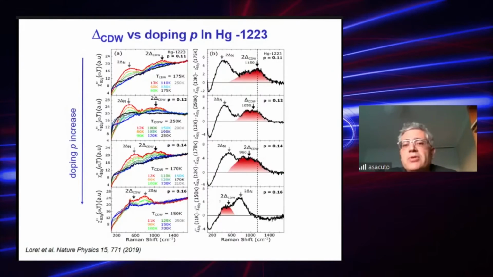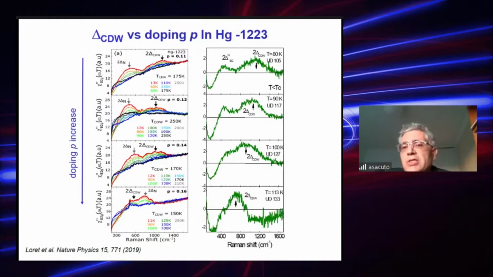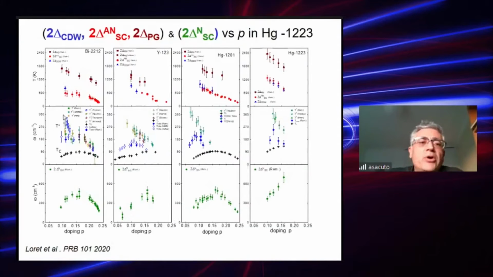If we do that, you can see I reduce considerably the signal of the superconducting gap, and I can emphasize the signal of the energy of the charge density wave. So now we can plot the energy of the charge density wave, and it's very close to the energy of the antinodal superconducting gap.